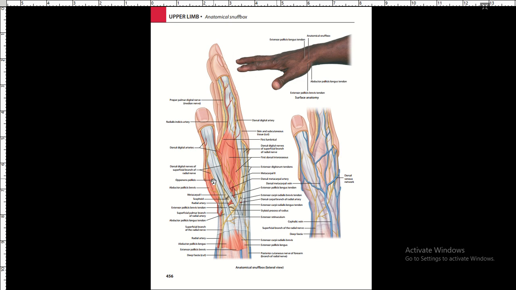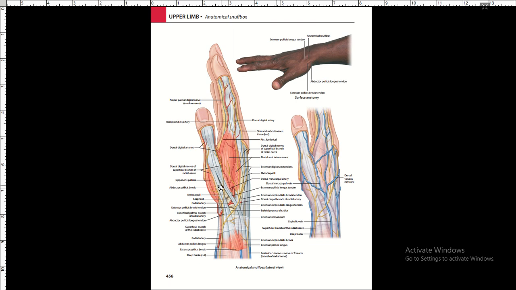So the medial border is going to be made by the extensor pollicis longus tendon. You can actually see this one. This is your extensor pollicis longus tendon right here, that's the medial border.